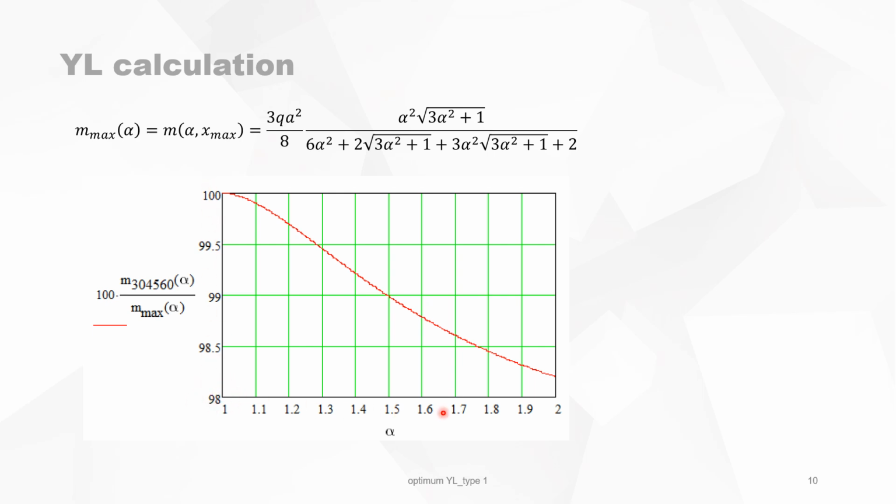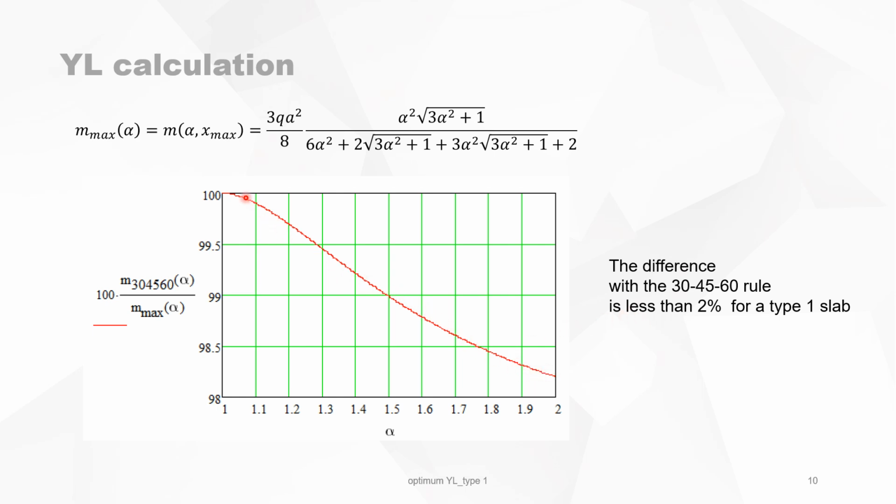And the difference gets bigger when alpha gets bigger. So in reality, most of the time we are working around this area. So 1%, it's a small difference. So we can conclude that the difference with the 30, 45, 60 rule is less than 2% for type 1 slab.